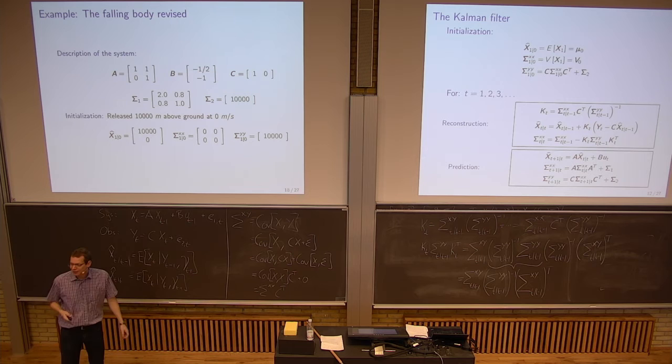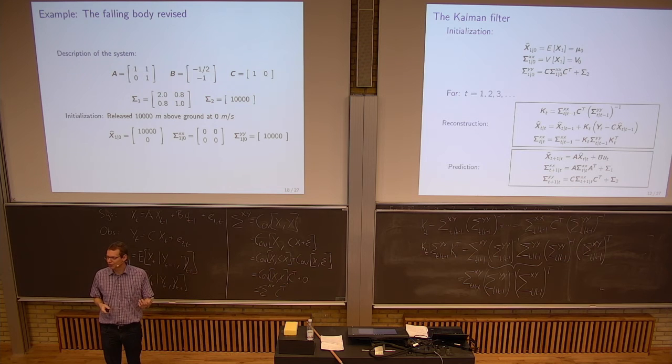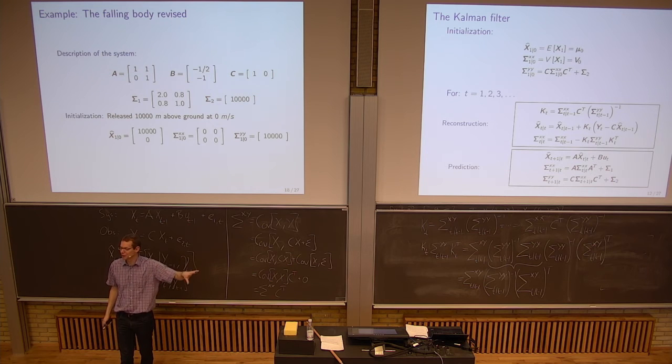But we need somehow to make this into a standard error rather than to have it as a variance, because what we do typically is that we create a standard normal random variable and then we multiply with the standard error to get something that has the distribution that we want.